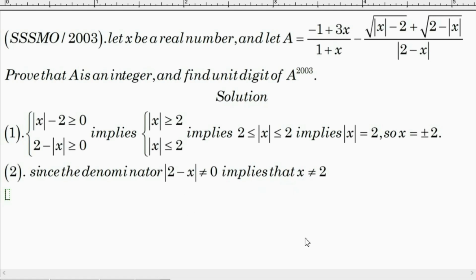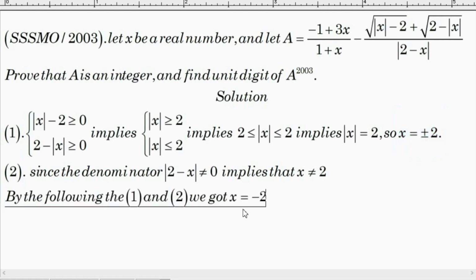So by following the first condition, which is x equal to plus or minus 2, and the second condition, x is not equal to 2, finally we get that x is equal to minus 2. So we will take x equal to minus 2 and substitute into a here.